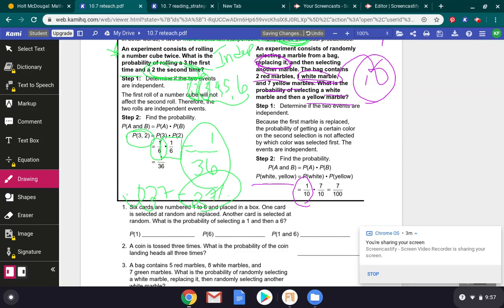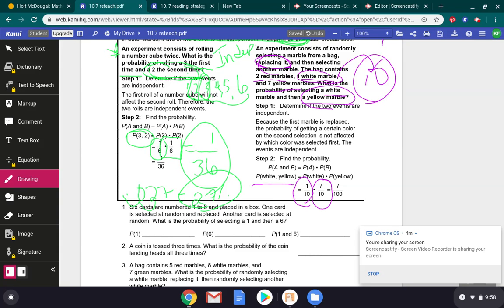Now I'm going to place that marble back. So I still have 10 in my bag. So now for the second time, I'm going to reach back in. What's the probability that we select a yellow? Well, there are 7 yellows. So here, that would be 7 out of 10. So selecting a white would be 1 out of 10, putting that back in. Now I go in for a second time selecting a yellow, that would be 7 out of 10.